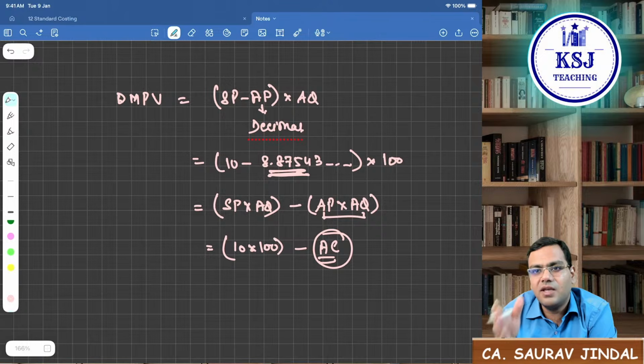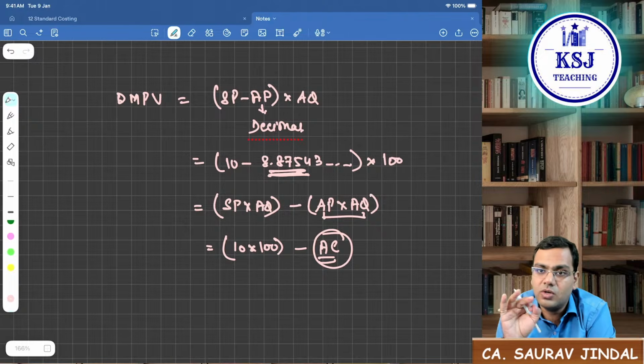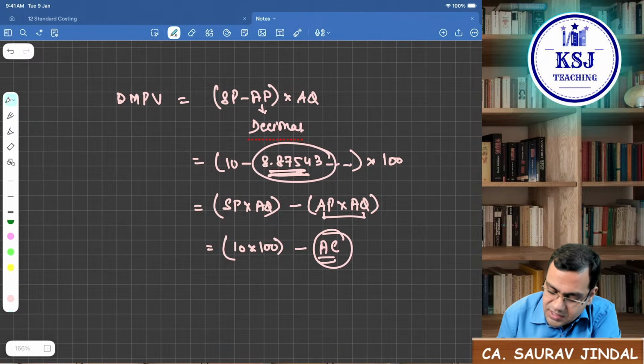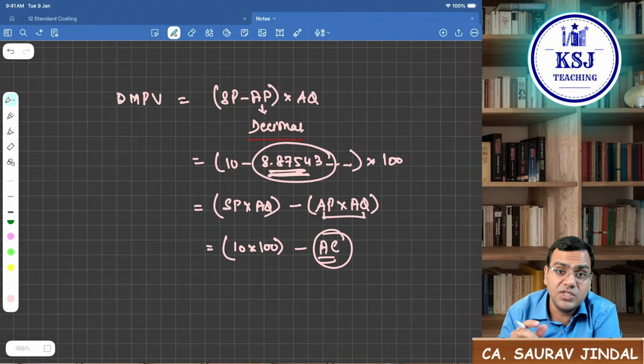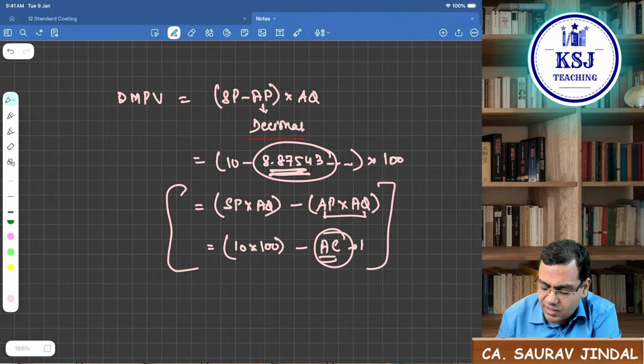So let's not give the paper checker any chance to deduct the marks, right? Because of this decimal also, we don't want to give that chance to the paper checker to deduct our marks. So if the actual price per unit is coming out in decimals, do it like this. Open the bracket; the actual cost will be a round-off figure only.